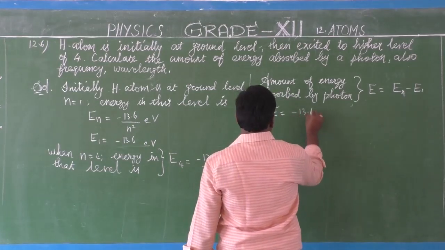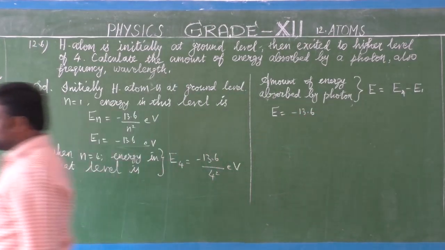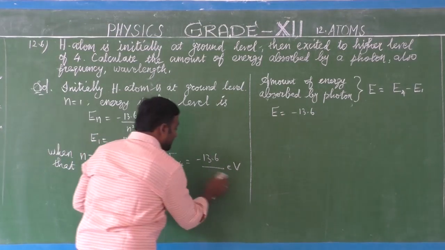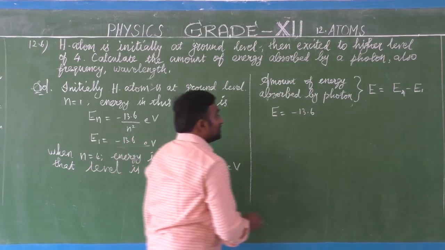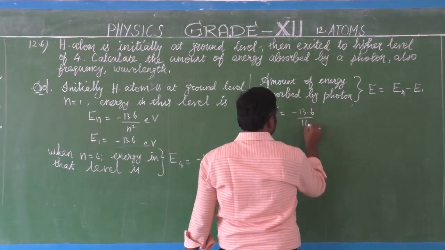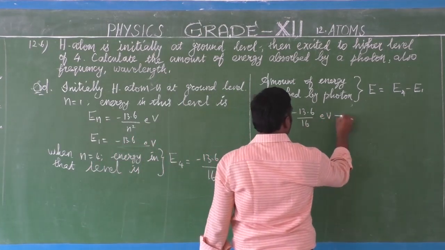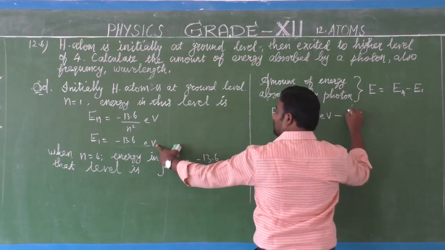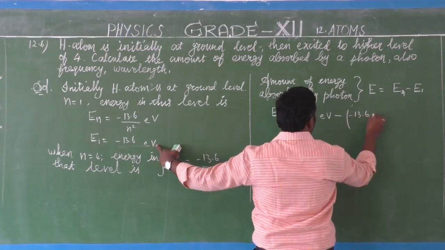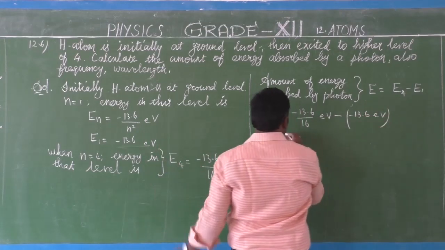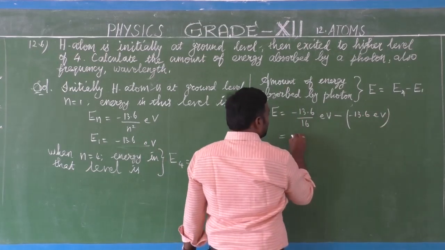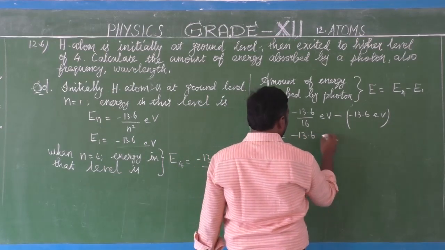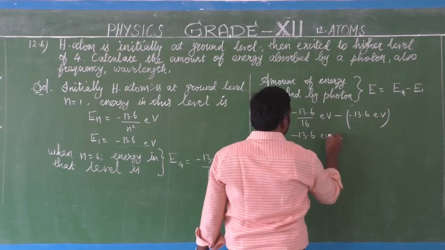So E is equal to minus 13.6 by 4 square, what is the 4 square value? It is 16. So minus 13.6 by 16 electron volt minus the E1 value. You know what E1 is? Minus 13.6 electron volt. We can rearrange it. Minus 13.6 is common, with electron volt.